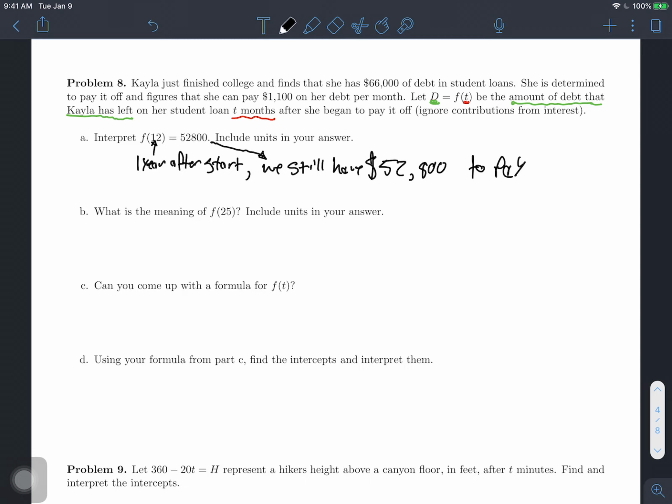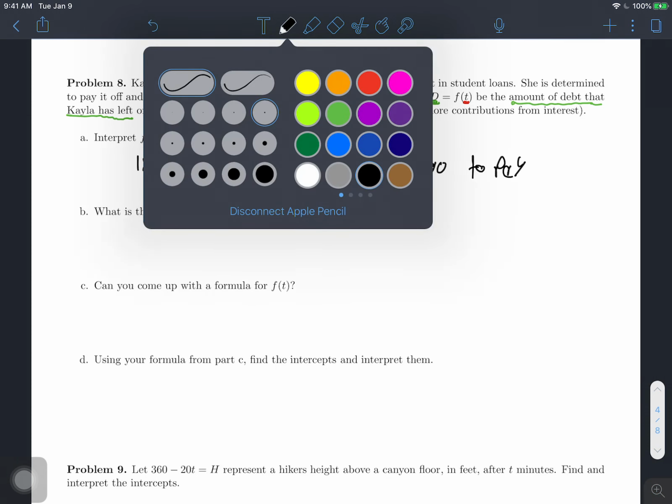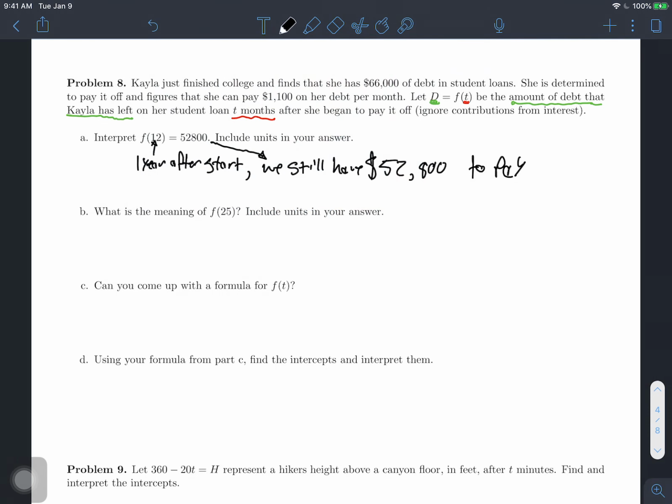So what is the meaning of f of 25? Okay, so they didn't give us a figure here for the amount of debt that Kayla has left on her student loan t months after she began to pay it off. What we're actually given here is just the fact that 25 months have passed. And when we write f of 25, remember that that's a stand-in for d.